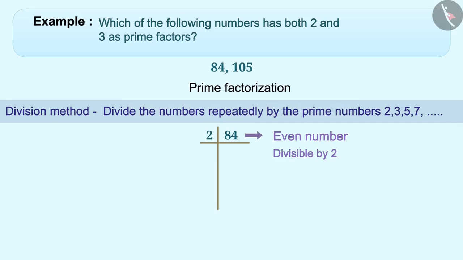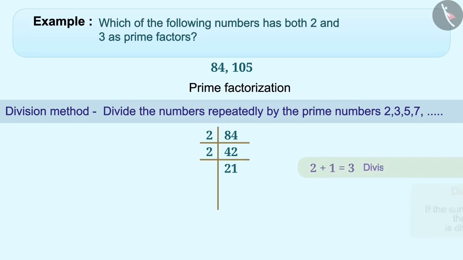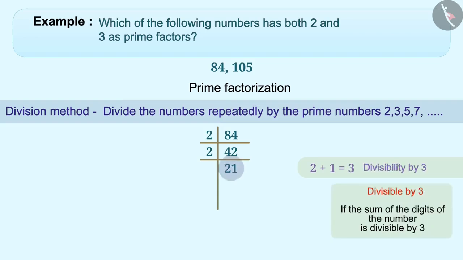On dividing 84 by 2, we get 42. On dividing 42 again by 2, the result will be 21. 21 is not divisible by 2, so we will check the divisibility by next prime number 3. Since the sum of the digits of number 21 is 3, which is divisible by 3, therefore 21 is also divisible by 3.